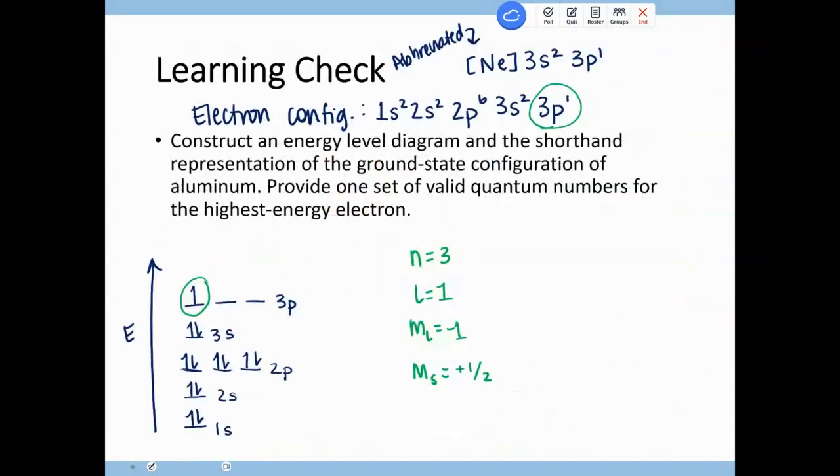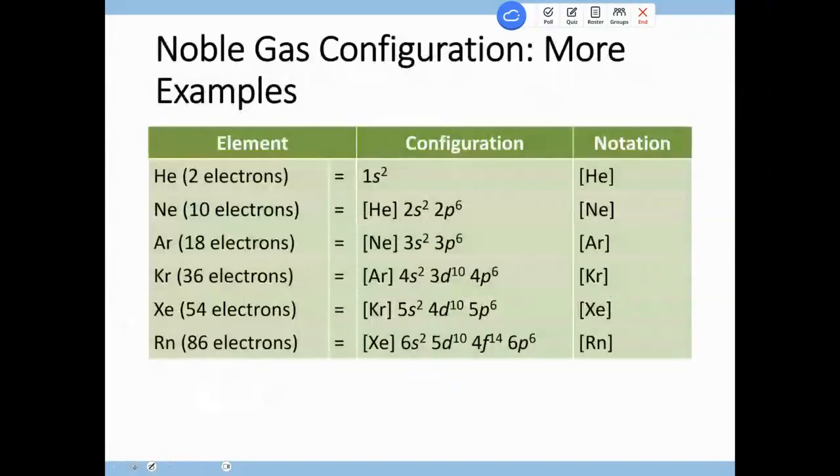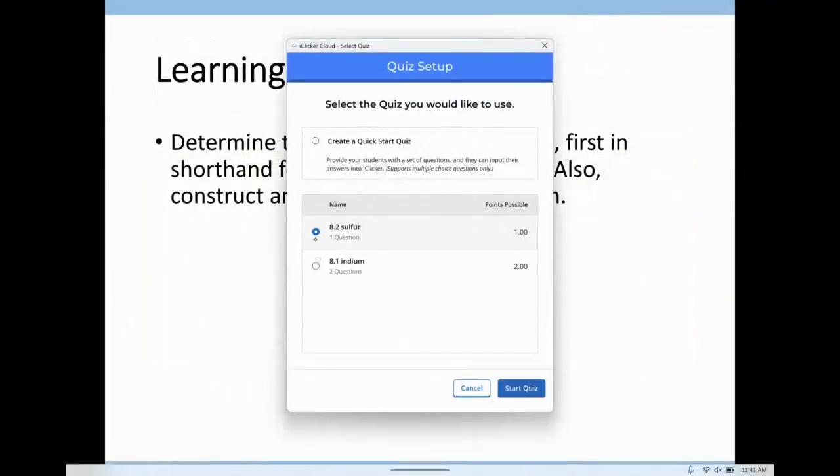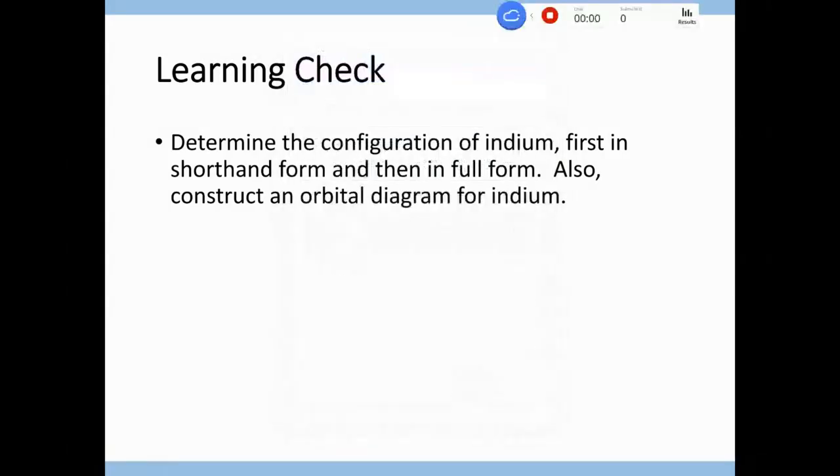All right, let's start with this question here. Part of it is an iClicker. So you're selecting the noble gas for indium and the correct abbreviated configuration for indium.